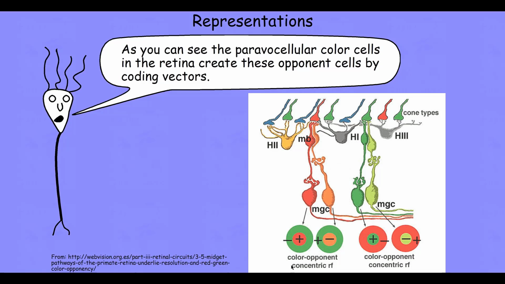Here we have parvocellular cells in the retina, and we have these color opponency cells. We have these on and off center cells, and they are tuned, in this case, to stimuli of particular wavelengths. So here we've got a red cone, and it is sending activation down to these two different ganglion cells.